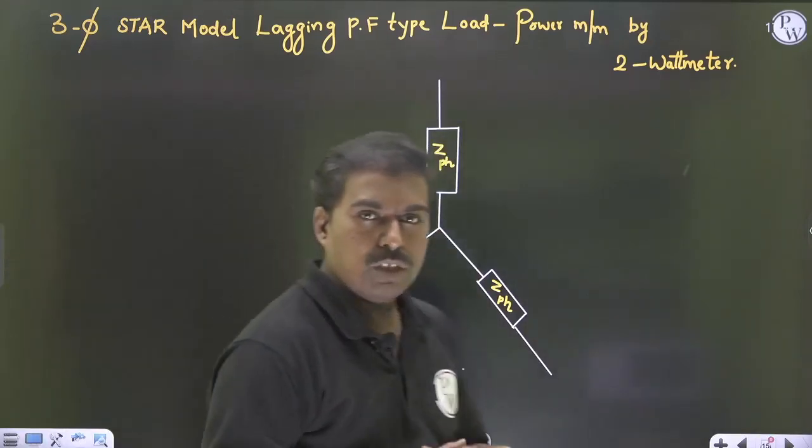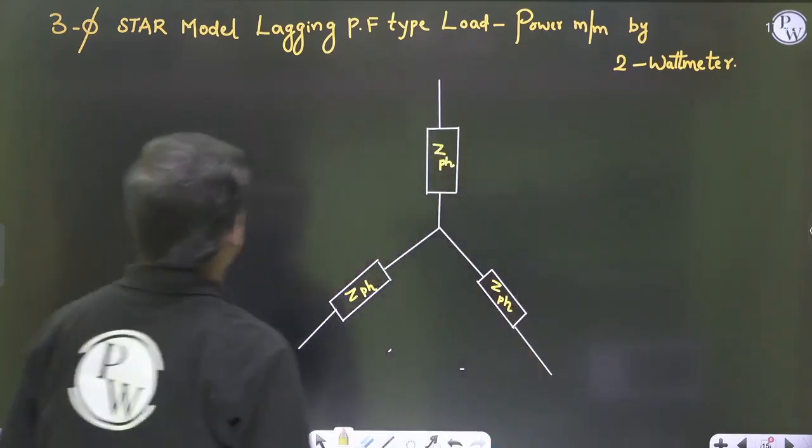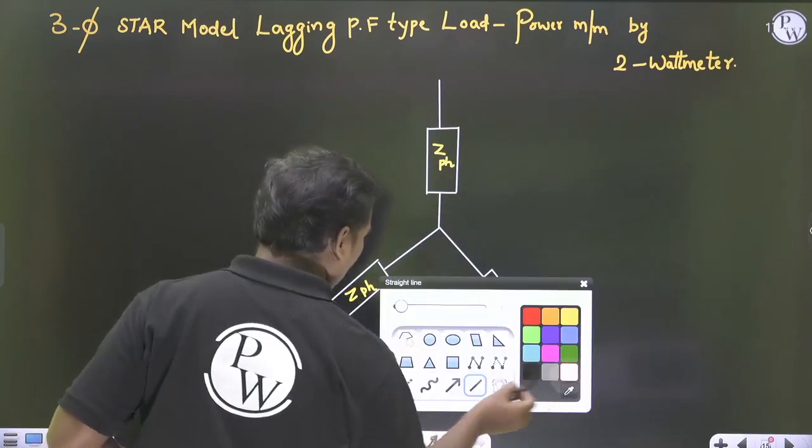Now see here, how I am going to use the 2 wattmeter method, in detail I will explain. So here I am taking the current coil.